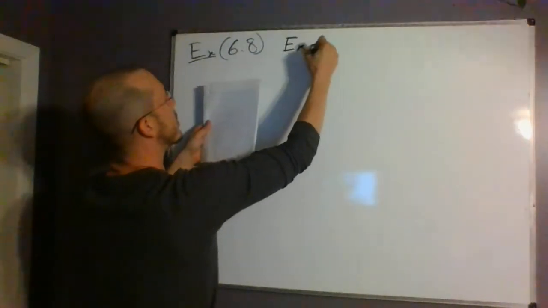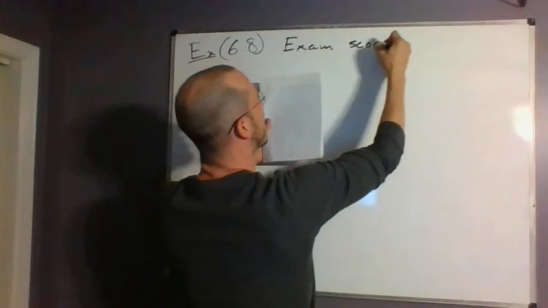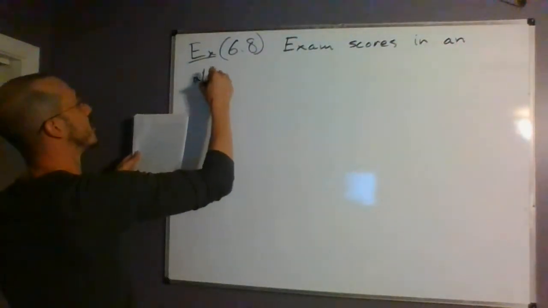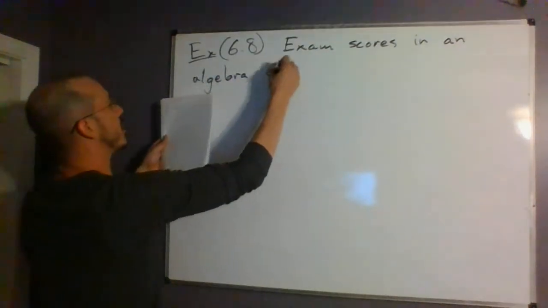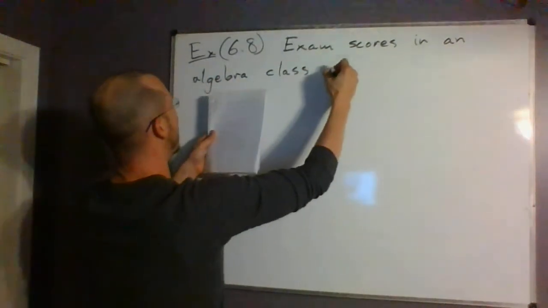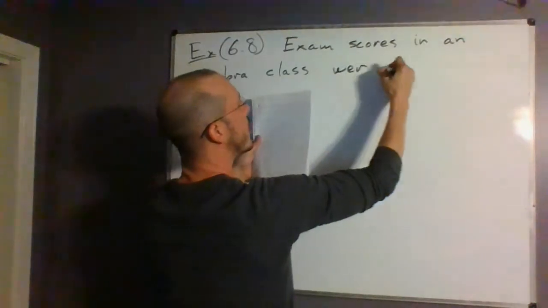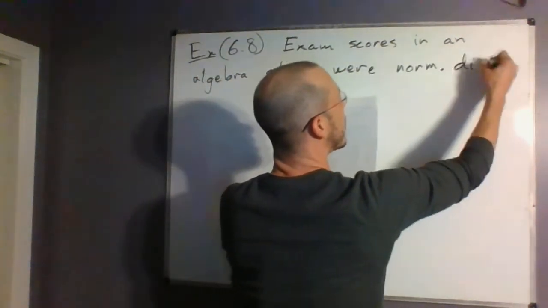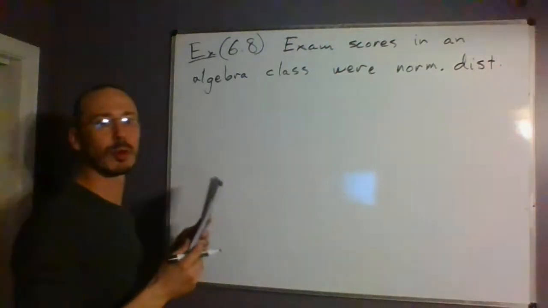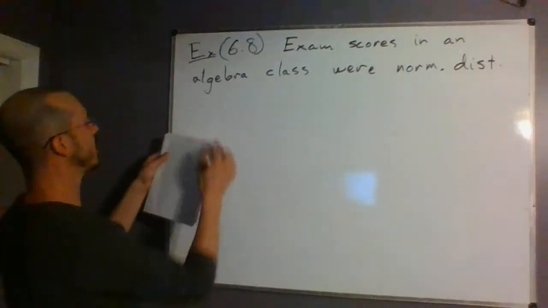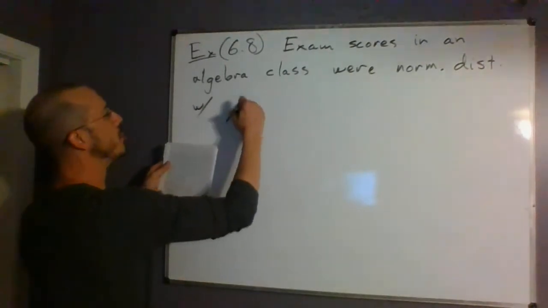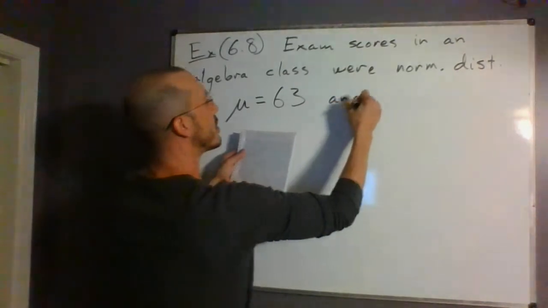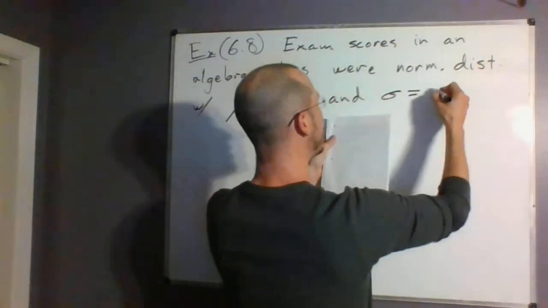Exam scores in an algebra class were normally distributed with mu equals 63 and sigma equal to 5.